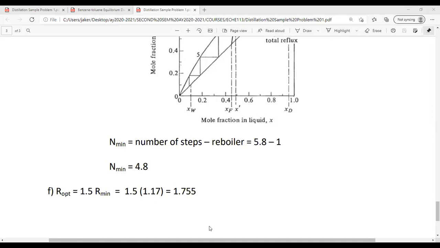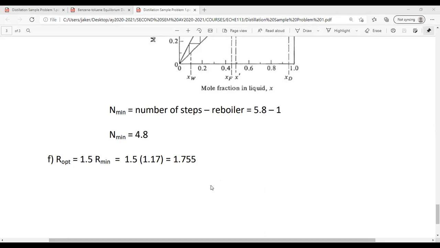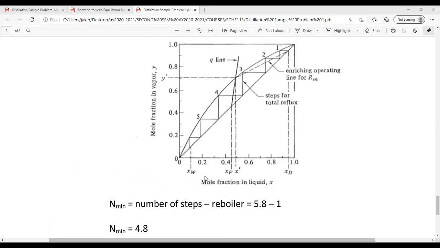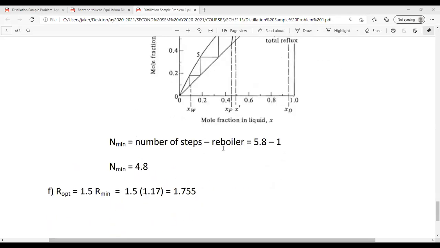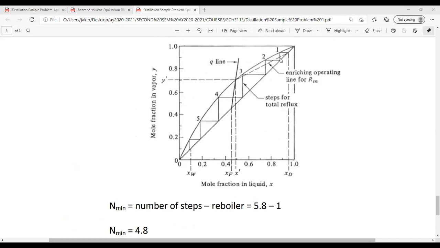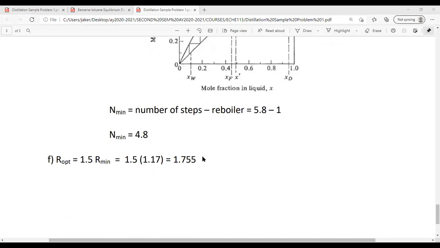Now, just in case you would be asked for the optimum number of trays, I did not include it in here because I am apprehensive that we won't have time for that. You will have to redo your plotting of the enriching section operating line only. Your feed line is the same, but your enriching section operating line now will be plotted based on this reflux ratio, which is 1.755.